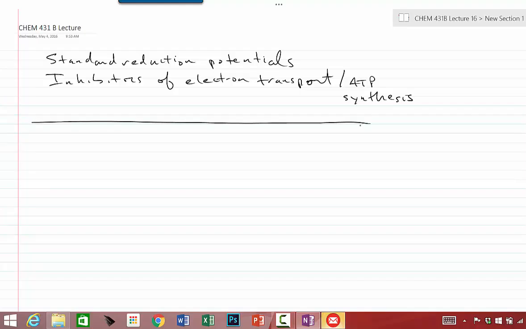So the last time that we talked, I had mentioned that the overall reaction for oxidizing NADH to NAD+ in the electron transport chain would be this reaction right here: NADH plus a proton plus 1/2 of an oxygen molecule gives you NAD+ plus H2O.